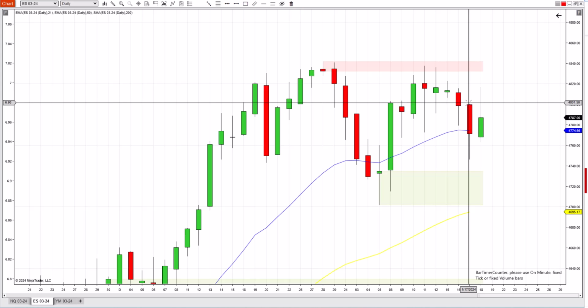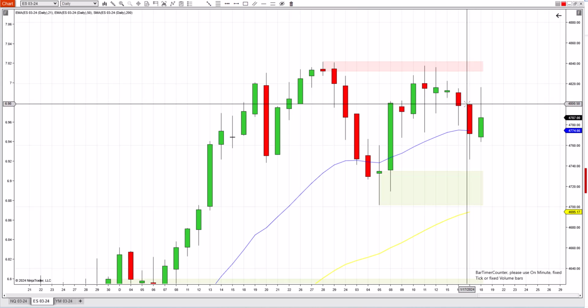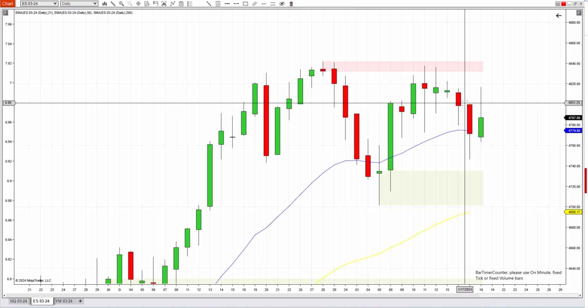Now, it is simple, but there's one key thing you must remember: when price breaks above the previous day high or below the previous day low, you need to wait for a candle close on whatever chart or time frame you are using as your entry criteria.